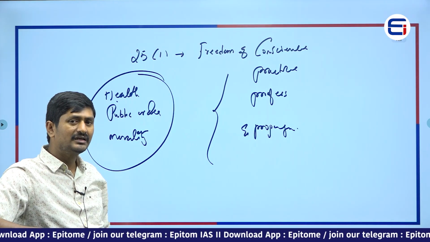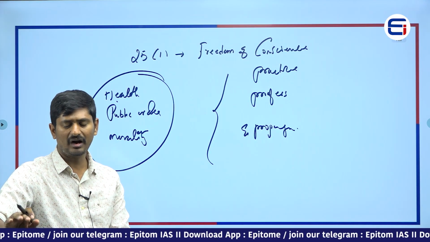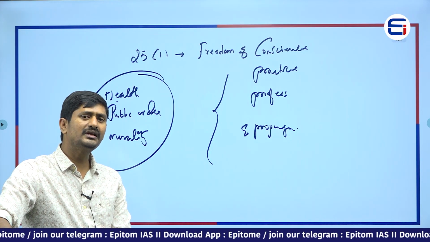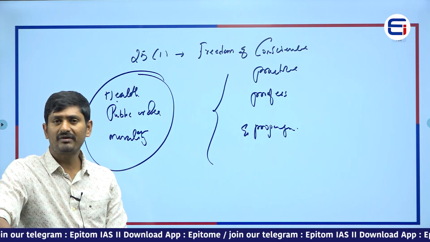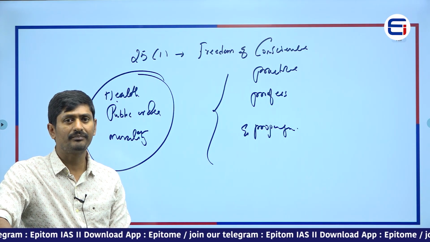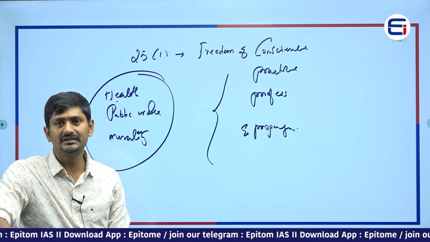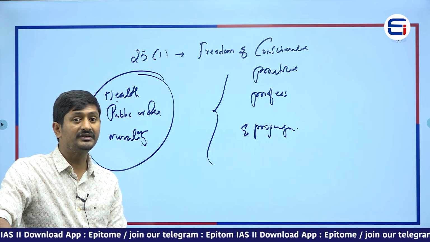Similarly, there was a case regarding Ananda Margis. Generally, Ananda Margis were ardent followers of Lord Shiva, and they perform a special dance called Tandava Nritya. This Tandava Nritya is performed in the streets, in public places, that too at midnight.